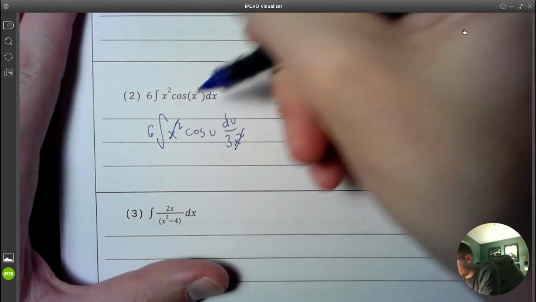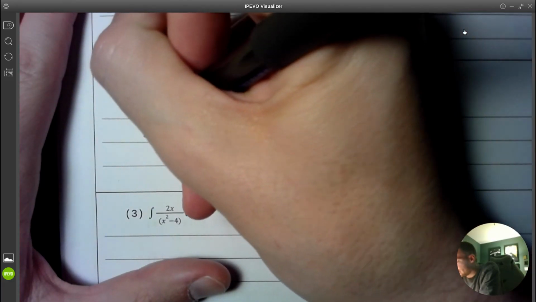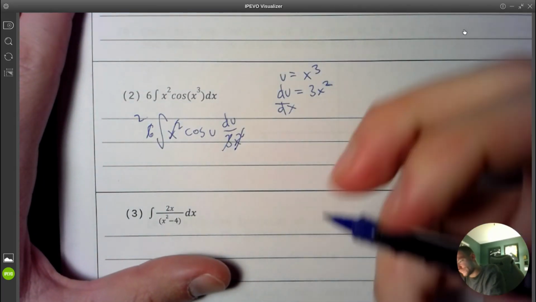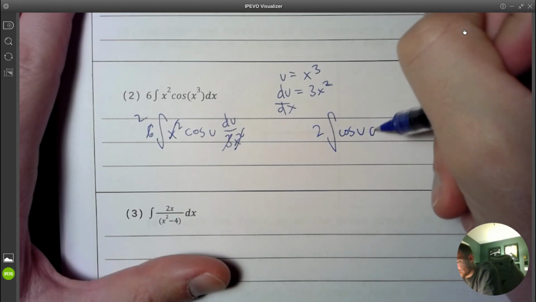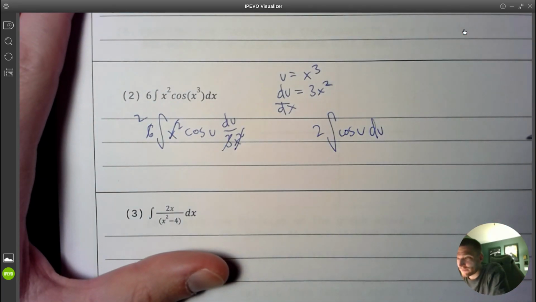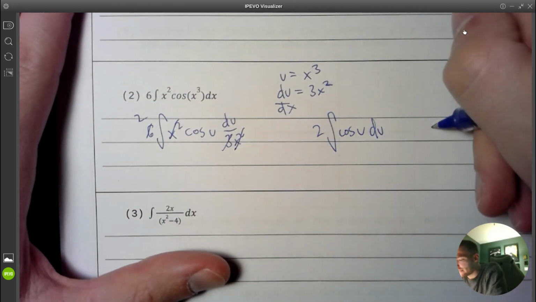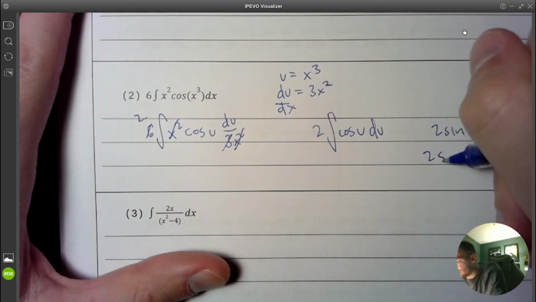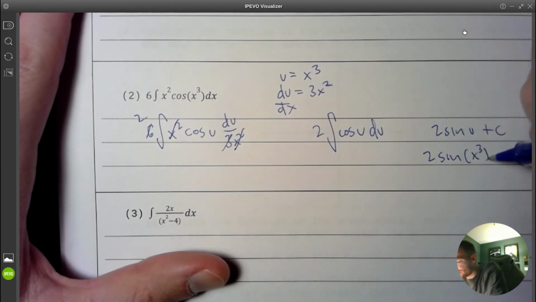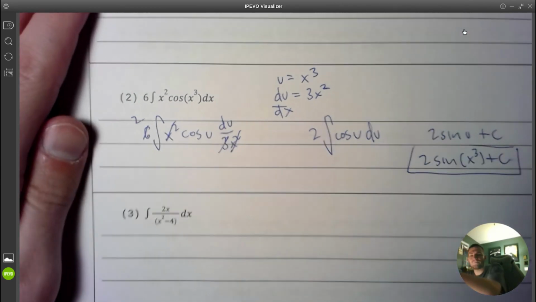The x squareds cross out. 3 and 6 will make a 2. So I'm going to set this up as the integral of 2 cosine u du. The integral of cosine is sine. 2 sine u plus c. 2 sine of x cubed plus c. Easy.